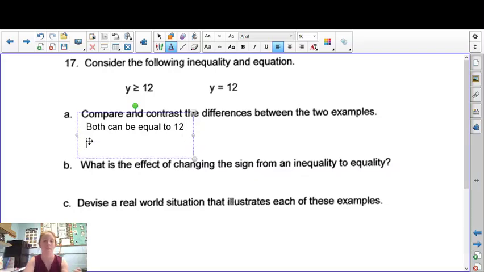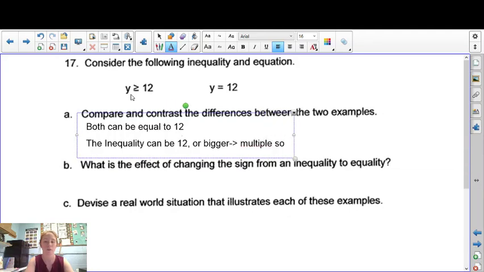And what's something that is different? Well, the first equation, technically, we're going to call it the inequality, excuse me. So the inequality can be 12 or bigger, which implies that it has multiple solutions.